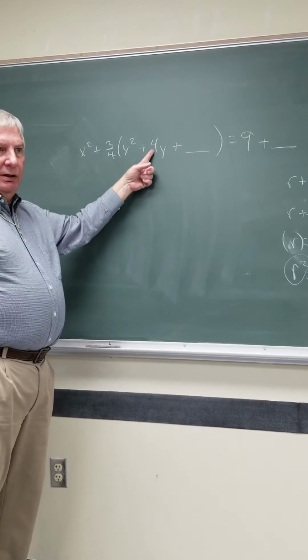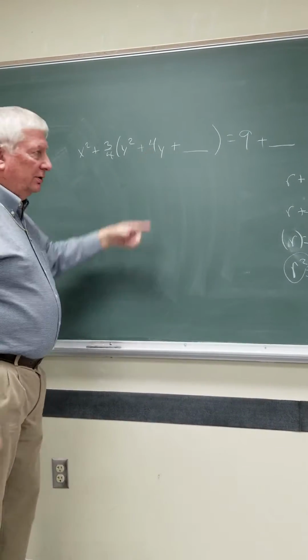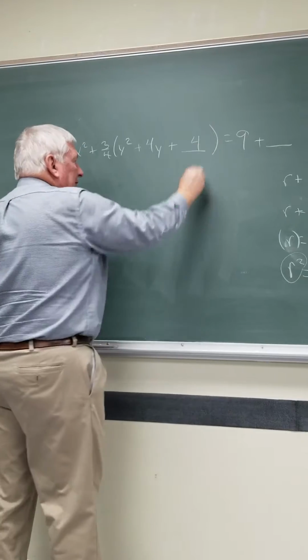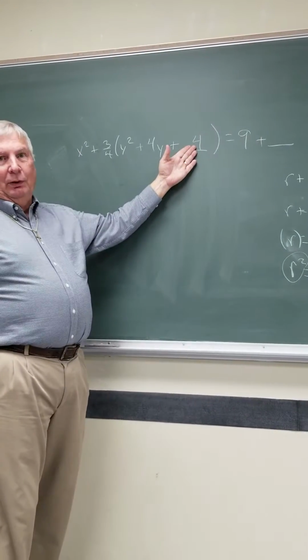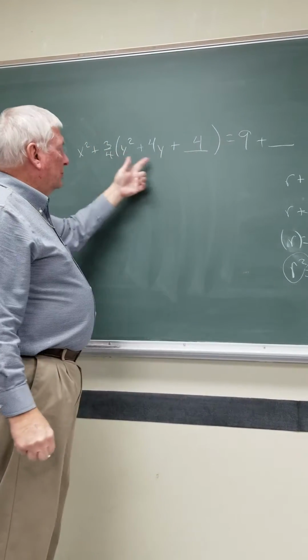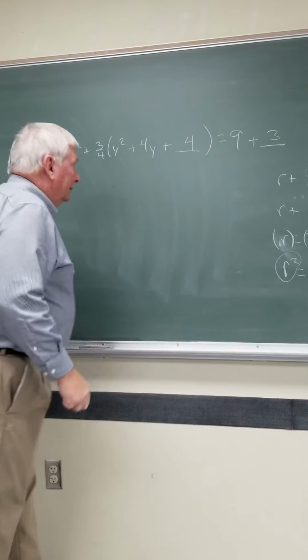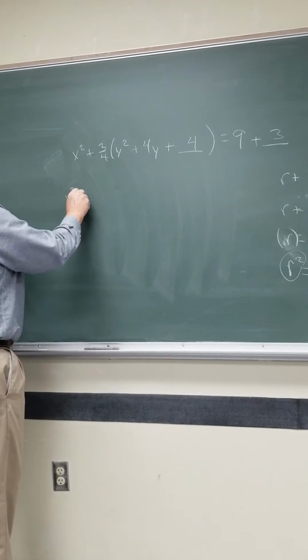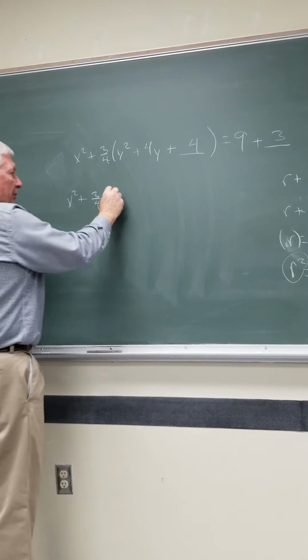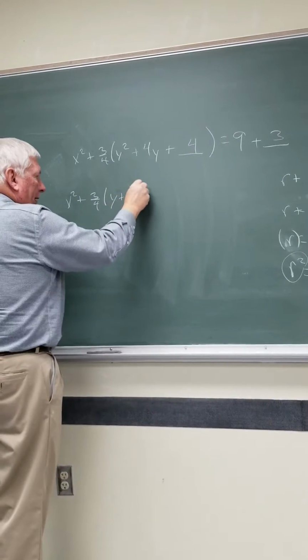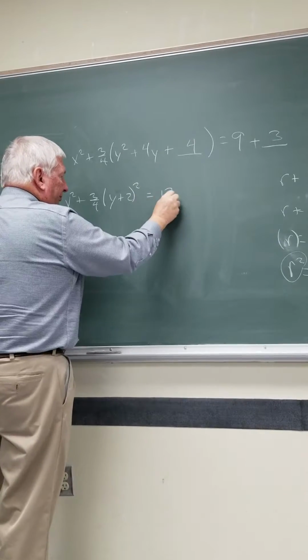Half the middle term squared is, half this is 2, 2 squared is 4. Looks like I added 4, but what I really added was 3/4 of 4, which is 3. So this side now is x squared plus 3/4 of y plus 2 squared is equal to 12.